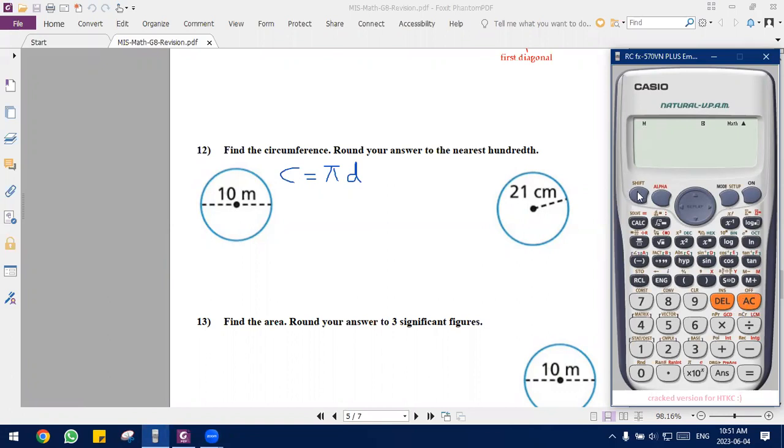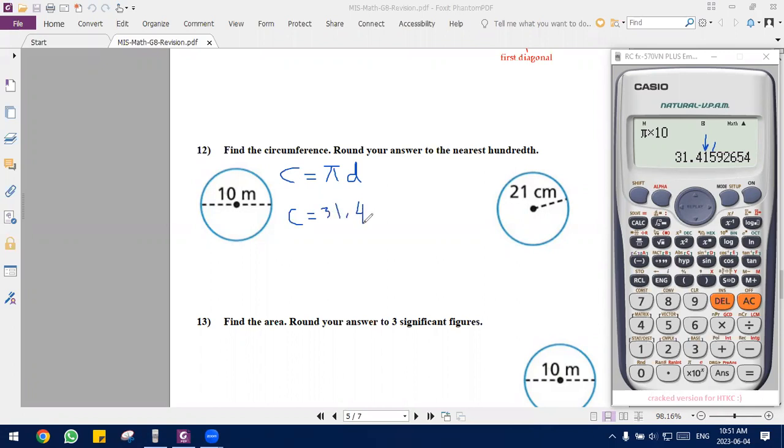So I do pi, you click shift and then you find it here, times the diameter 10. If you get this answer, you click this to make it decimal. 31 point these values. It says to the nearest hundredth. Hundredth means the second digit after the decimal point. So to make the rounding, I need to check 5. Is it rounded up or down? It's rounded up. So C is equal to 31.42. Unit is meters.